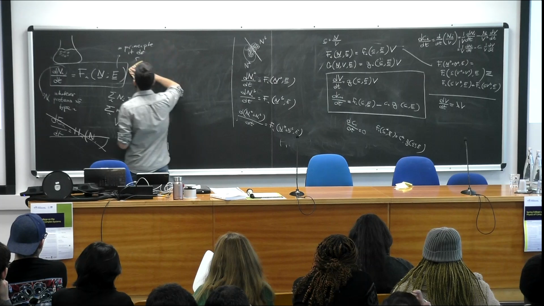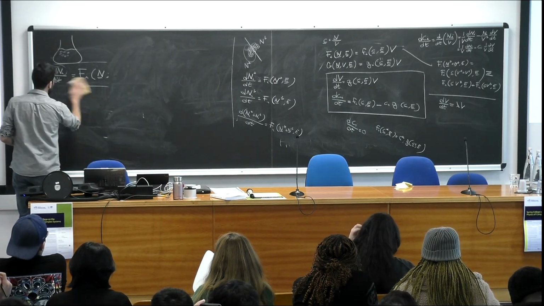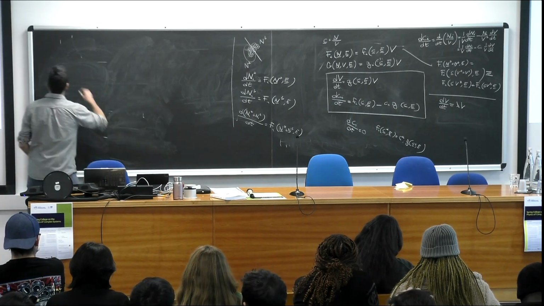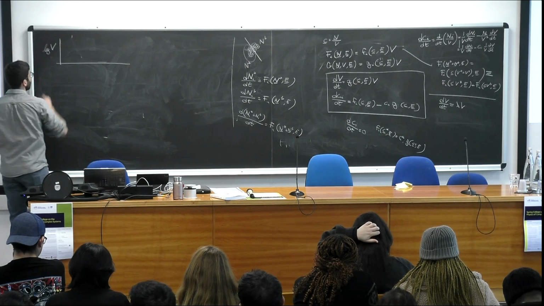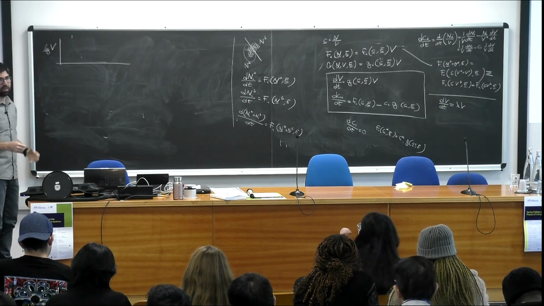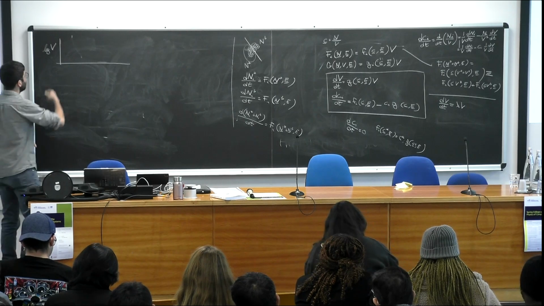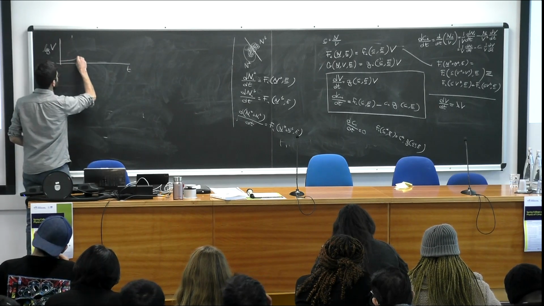Over there we are plotting, let's say, the log of volume, where by volume we mean the size of the colony. It could be the log of the biomass. And what we see is something like this.